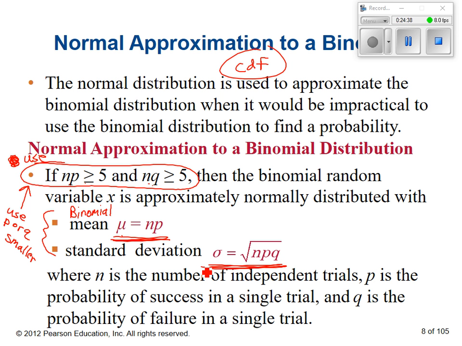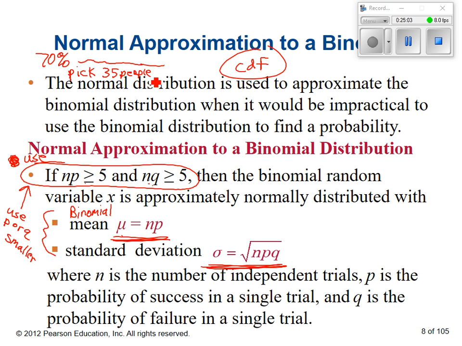So if they give you something like, in the problem, they say 70% of whatever, and they say you pick 35 people.